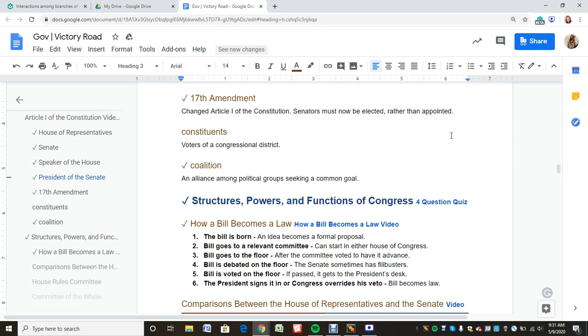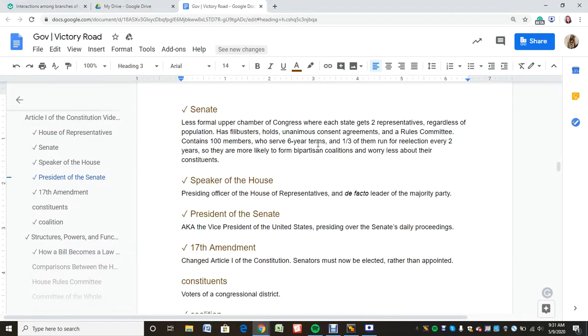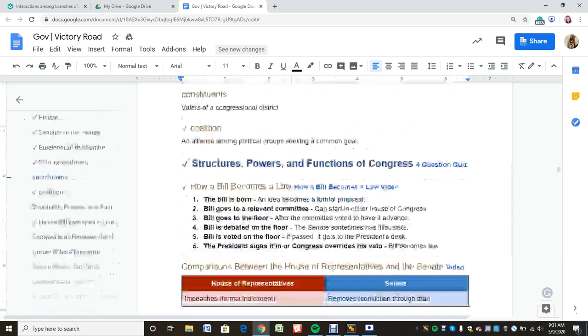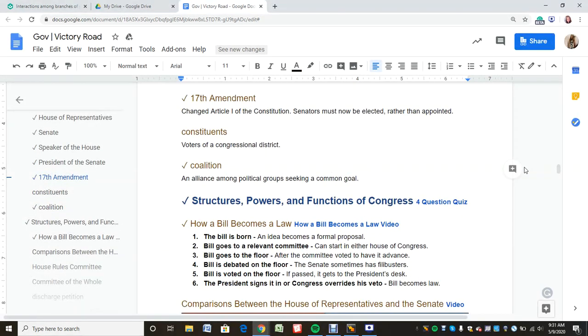And we talked a little bit about how in the Senate, because they're less concerned about their constituents, they often form bipartisan coalitions. A coalition is an alliance among political groups to achieve a common goal. So it's that whole idea of factions again. There can be a lot of interest groups, there can be a lot of coalitions, all vying for a certain goal.